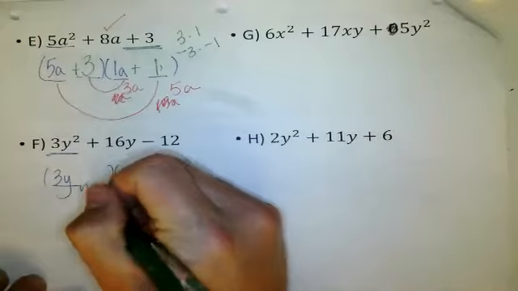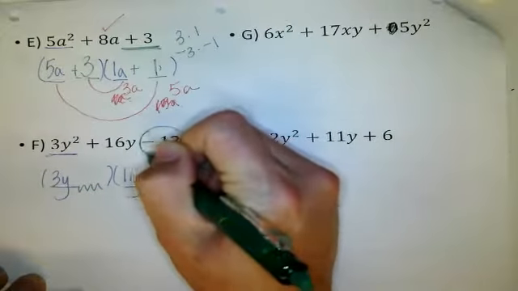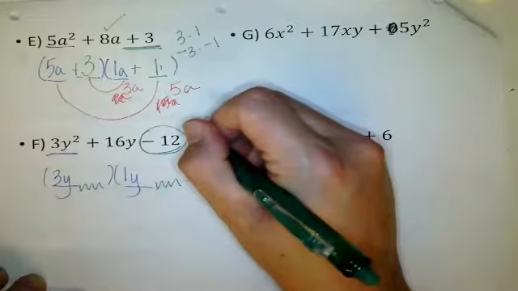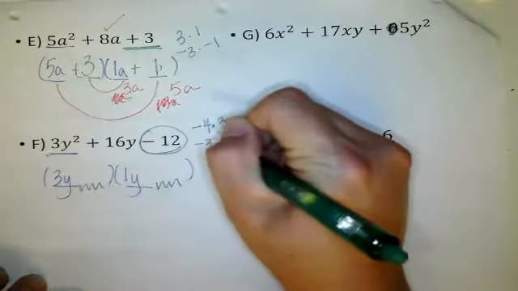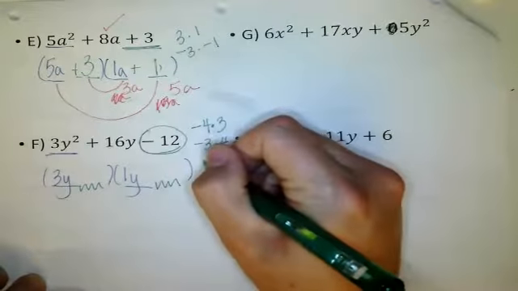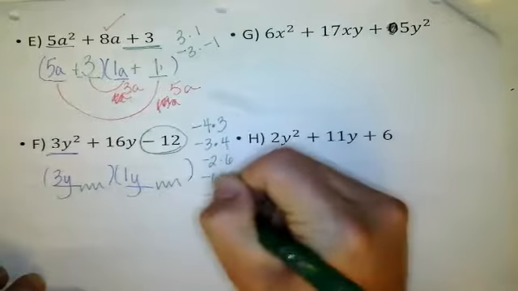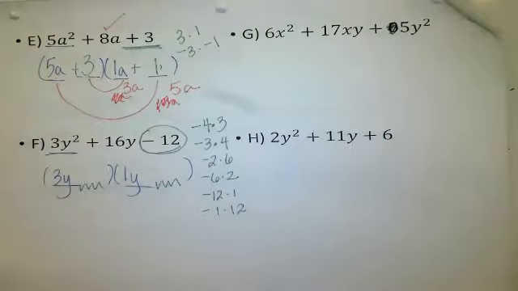And then last times last has to be the last thing. What times what is negative 12? Negative 4 and positive 3, or negative 3 and positive 4. Negative 2 and positive 6, negative 6 and positive 2, and 12 and 1. Lots of options here, right?